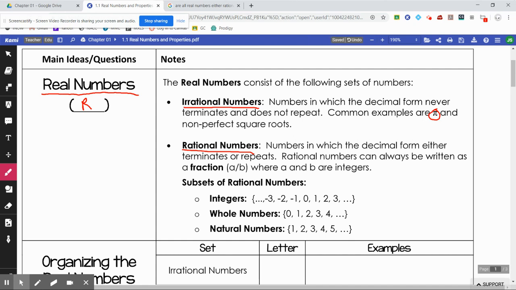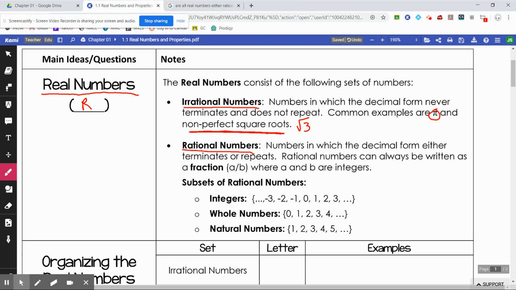And non-perfect square roots. And it's very important that you know that stuff like the square root of 3, that's not a perfect square root. You can't just come up with that in your head. That's going to be an irrational number, meaning that it continues on. There's no pattern to its decimal. There's no repeating decimal. There's no pattern at all. So those are irrational numbers.